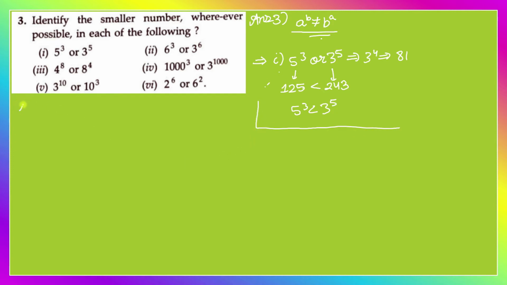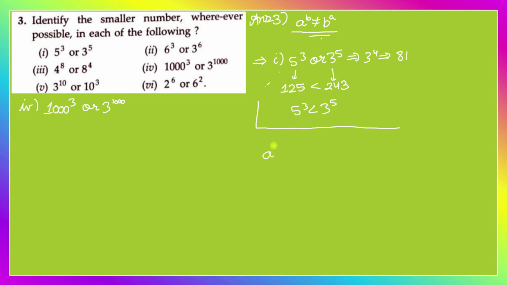For example, in the fourth part, 1000 to the power of 3 or 3 to the power of 1000. If you know this trick, it is pretty good. Or you can try to multiply only. But how to solve this type of question?